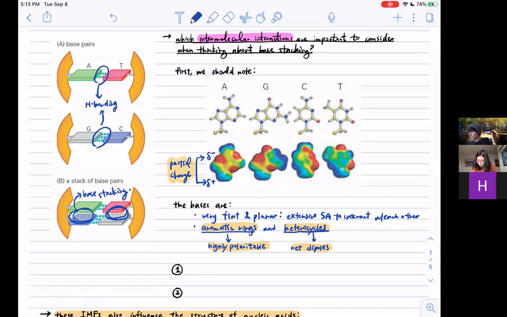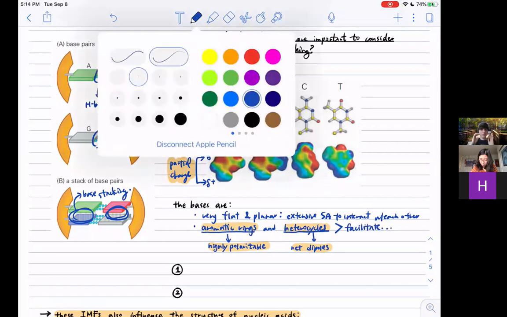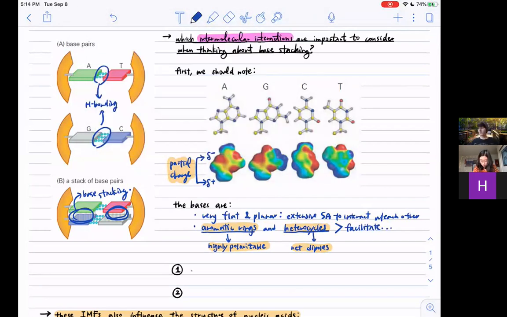Okay, so why do we care about all these things? Well, these characters of the bases facilitate the following IMFs. And so the important IMFs here are van der Waals interactions and electrostatic interactions.